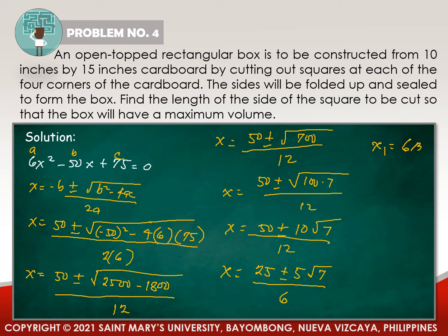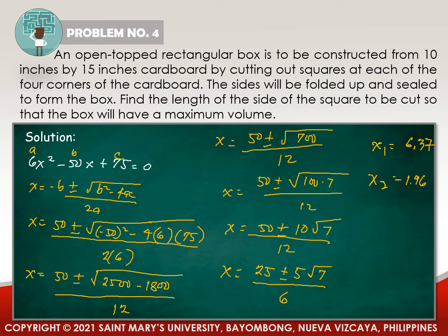Okay, sorry. So 6.37. And the other one, when it is 25 minus, is equal to 1.96.